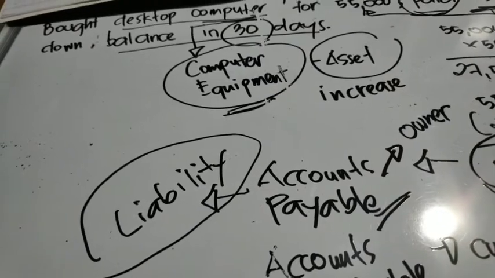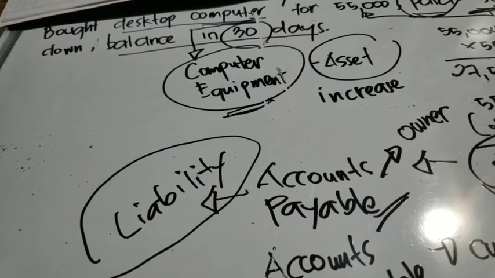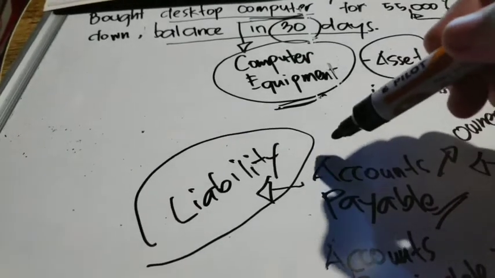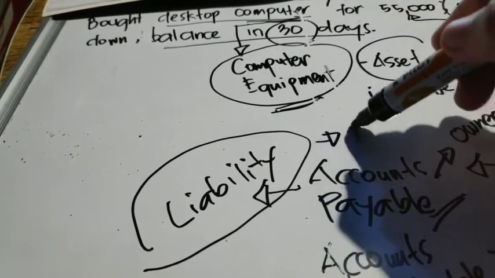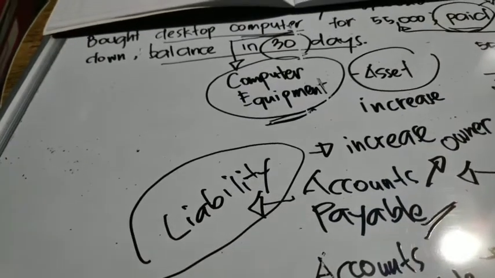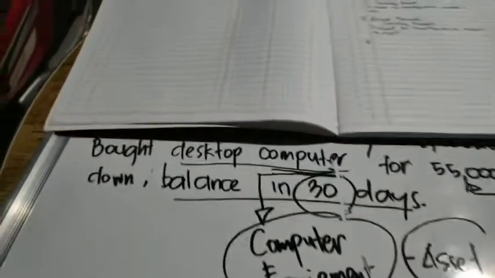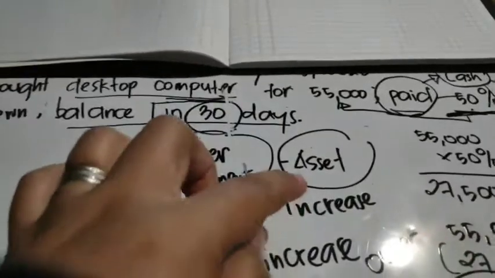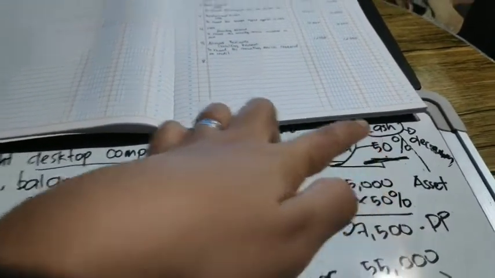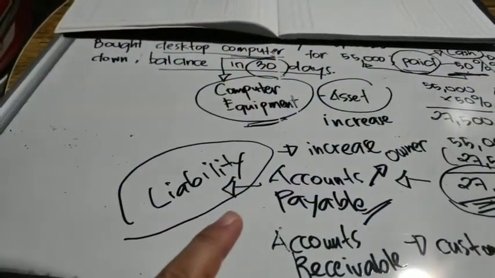So, nag-increase yung dapat mong bayaran. Tama? So, kapag ang liability ay nag-increase, you are to record it on the credit side. So, nakita nyo ba? Isa yung para sa debit, isa yung para sa credit, at another para sa credit.